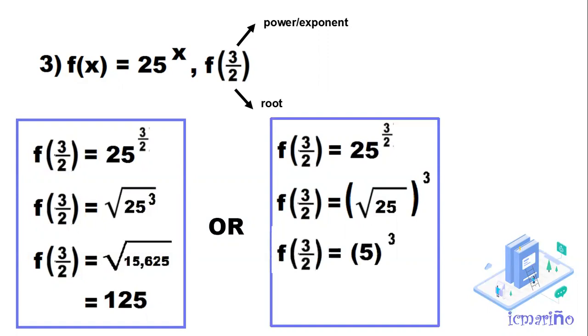The square root of 25 is 5, and then raised to the third power. So the answer is the same, of course, 125.